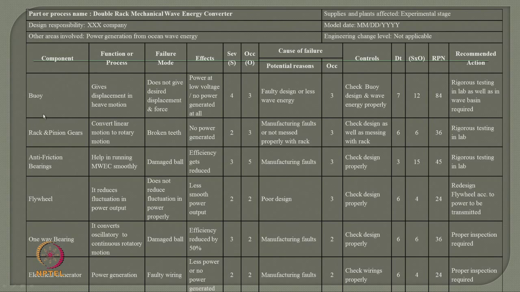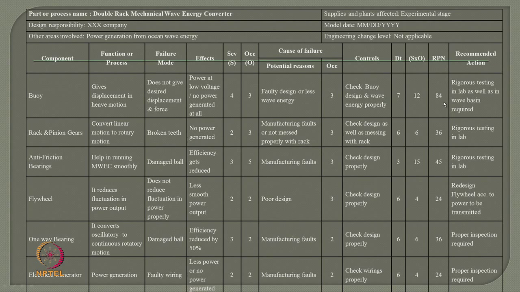Now different components like buoy, rack and pinion, anti-friction bearings, flywheel, one-way bearing, electrical generator. The functions are identified, the failure modes are detected, effects are shown. On a scale of 10, severity and occurrence are given, and subsequently the risk priority number is calculated, which gives me the most vulnerable component in a given system, which becomes the buoy.